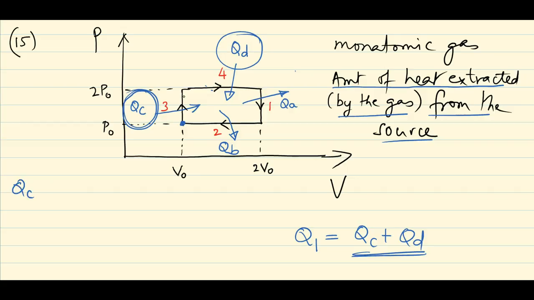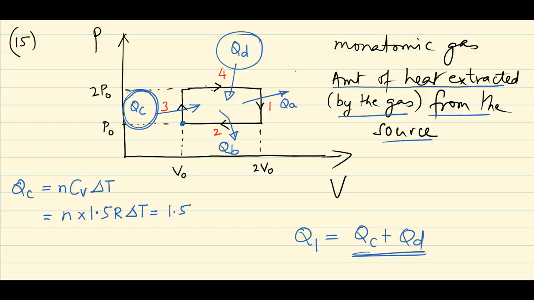QC is the heat supplied to the gas during an isochoric process, and since the volume doesn't change, the heat supplied to the gas is simply n times CV times delta T, and that can also be written as n times, now CV, since it is given to be a monatomic gas, is 1.5 R, times delta T. And since delta T is not directly given, we just rearrange this as follows.